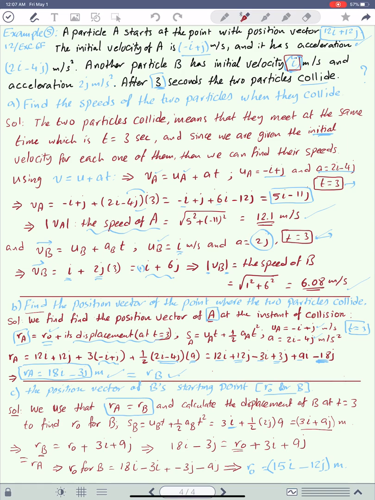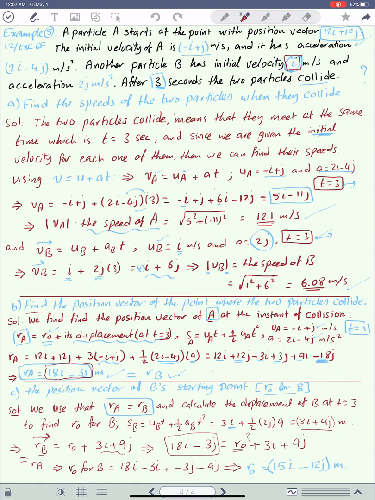So the position vector now: RB is equal to R0 plus the displacement after 3 seconds. We can write RB since it is equal to RA that we found in the previous part. So RA equals RB, which equals 18i minus 3j, is equal to R0, which we want, plus the displacement in 3 seconds, which is 3i plus 9j.